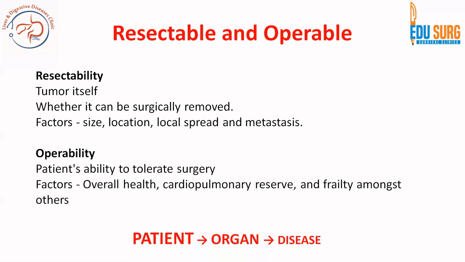So, as I always say for cancer management, as we have seen in the liver cancer videos as well, first assess the patient. Don't see the report and reply on WhatsApp that the patient is operable, right? You need to see the patient, understand the patient's fitness. That will tell you if the patient is operable. If yes, then you look at the organ fitness. For liver, this is a very important step.